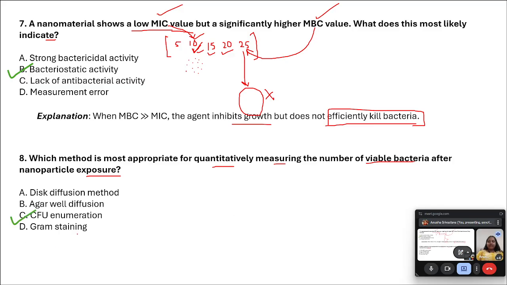The correct answer is CFU, colony forming units enumeration, in which we were making different dilutions, in which we had a plate, we divided it in different sections, and in all these different sections, basically we drop casted the treated bacterial suspension of different dilution, right? And in order to determine at what concentration there is complete eradication of bacteria, we can do the quantitative analysis for this particular method.